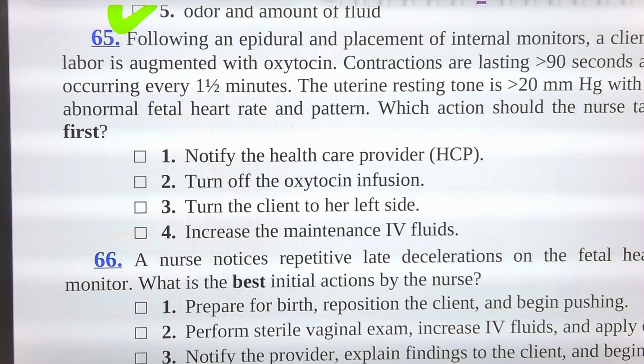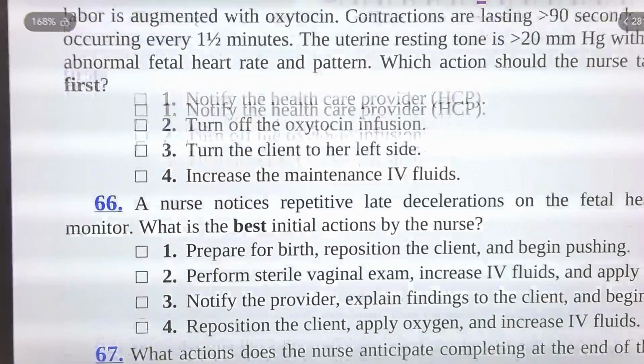Following an epidural and placement of internal monitors, a client's labor is augmented with oxytocin. Contractions are lasting more than 90 seconds and occurring within 1.5 minutes. The uterine resting tone is more than 20 mmHg with an abnormal fetal heart rate pattern. Which action should the nurse take first?